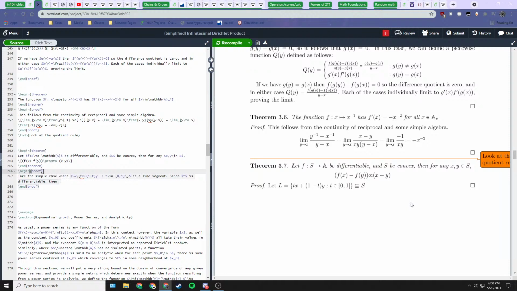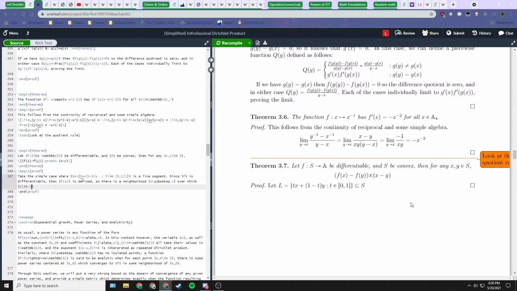So if we take this case where S is this line segment, then since f is differentiable, the derivative of f at x is defined, so there is a neighborhood, let's say U subset of L, over which y in this neighborhood U has the fraction f of y minus f of x over y minus x defined.